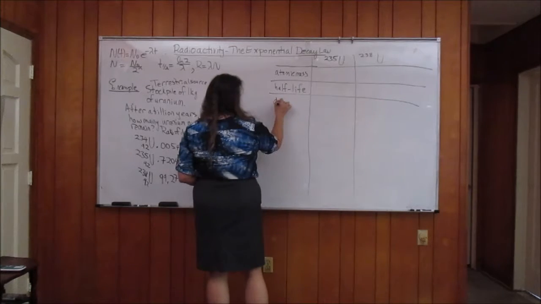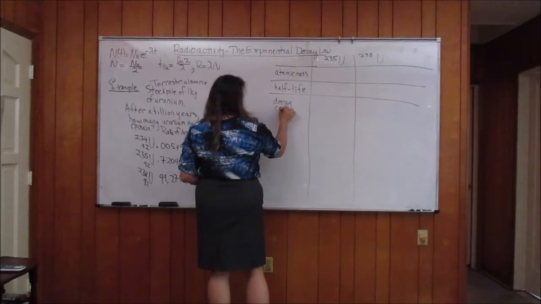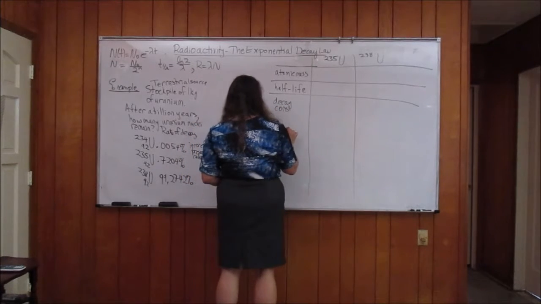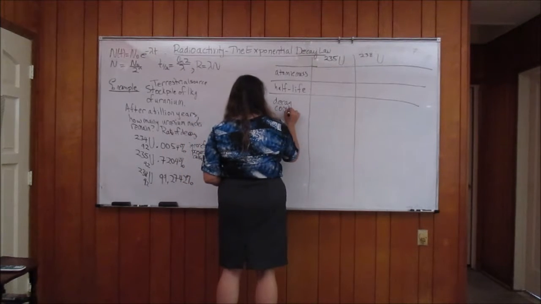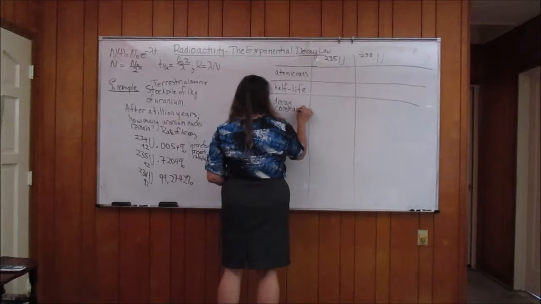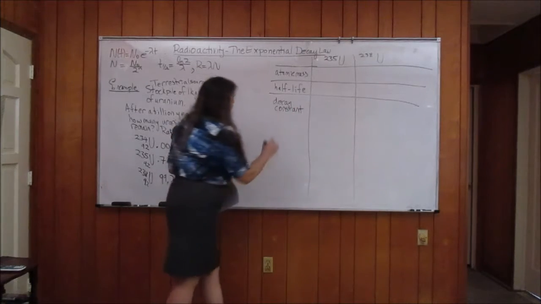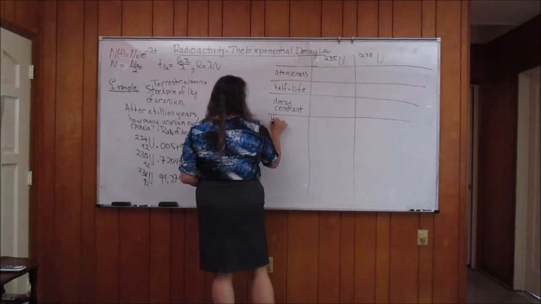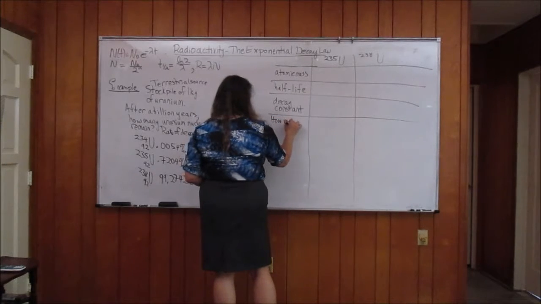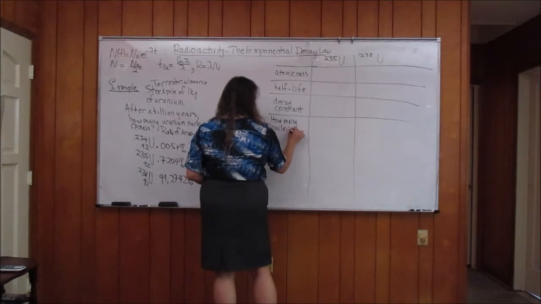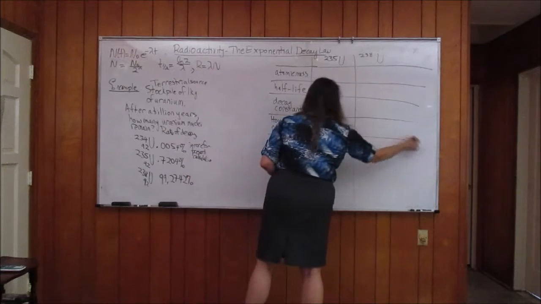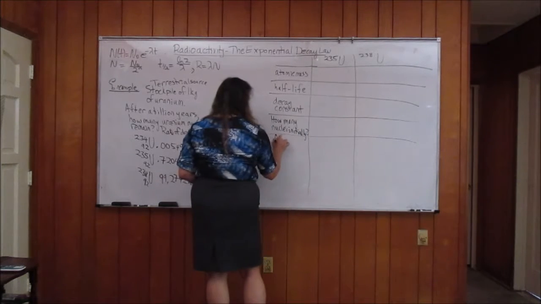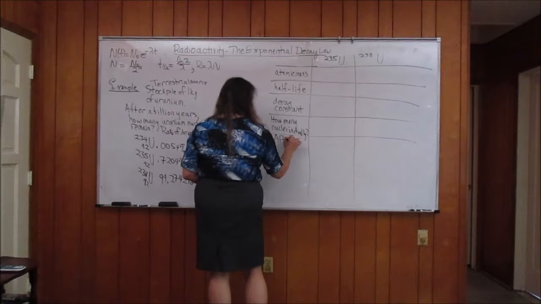And we want to calculate decay constant, and how many nuclei initially, and after 1 billion years.